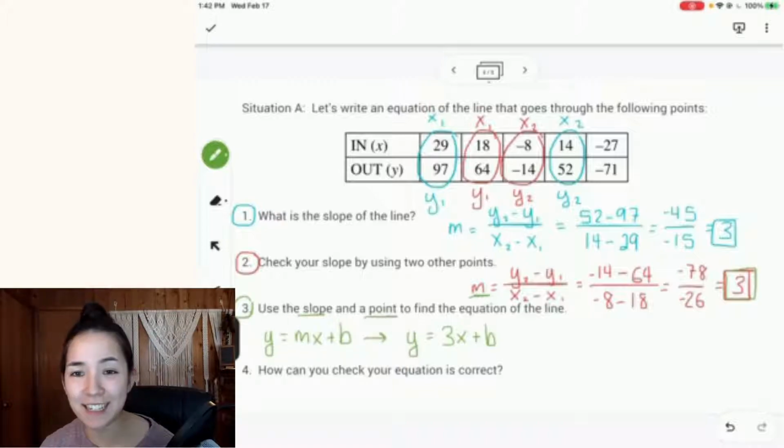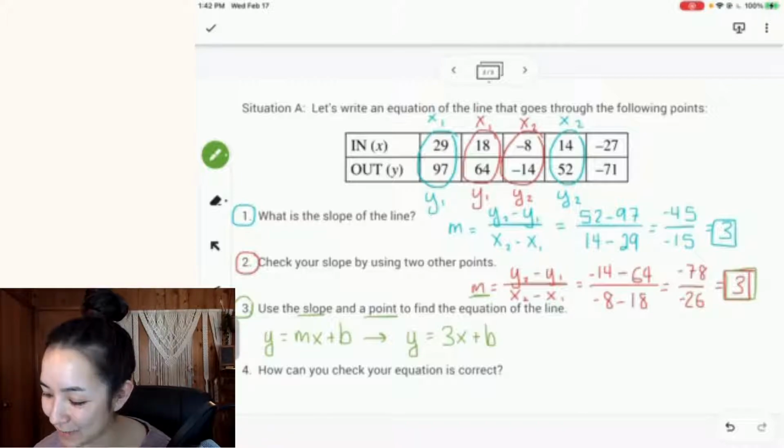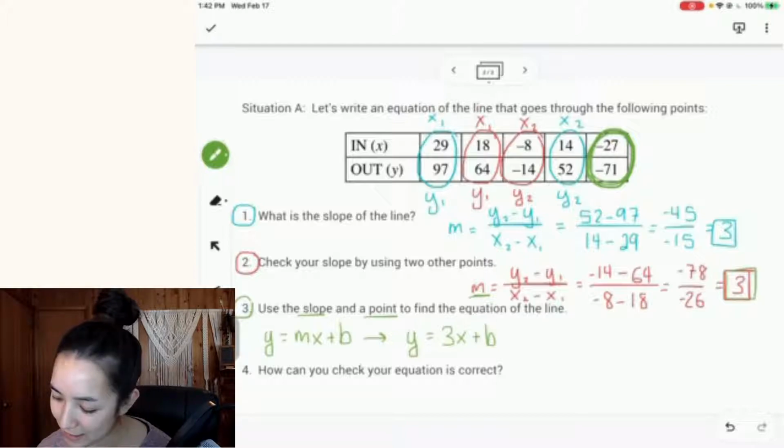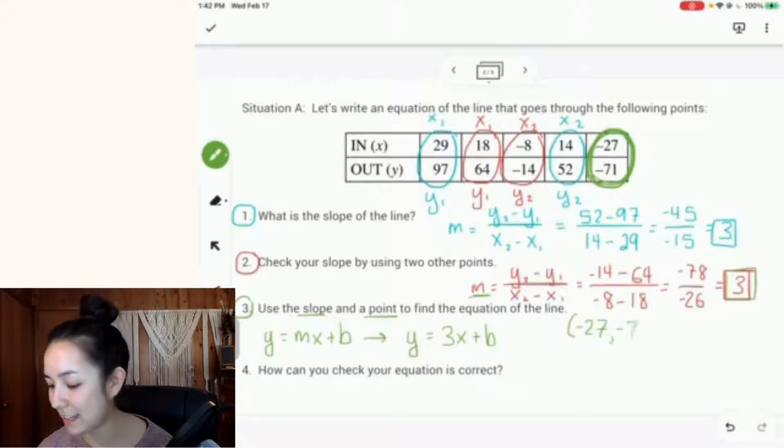We can choose any point from this list. I personally think it's easier to work with positive numbers. So let's challenge ourselves and pick some negative numbers. We're going to pick negative 27 and negative 71 as our point. So our point is negative 27, comma, negative 71.